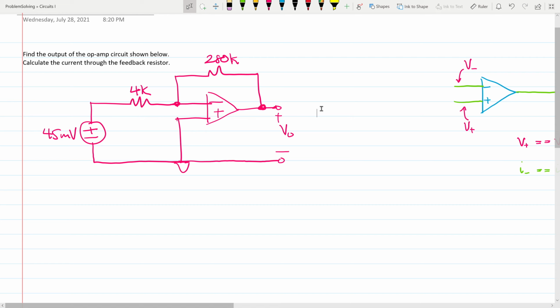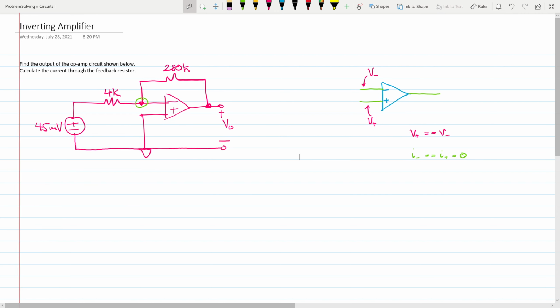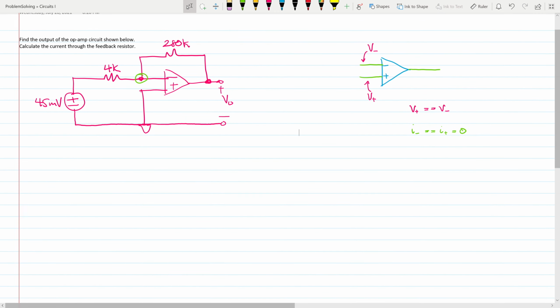And so you'll always be doing nodal analysis, usually at the inputs, so the negative and the positive inputs to the op-amp. So for us, since the positive end of the op-amp is tied to ground, we're not going to do nodal analysis here, because you would be doing a nodal analysis on the ground node, which you never need to do because you'll just end up getting 0 equal to 0 for your equation.